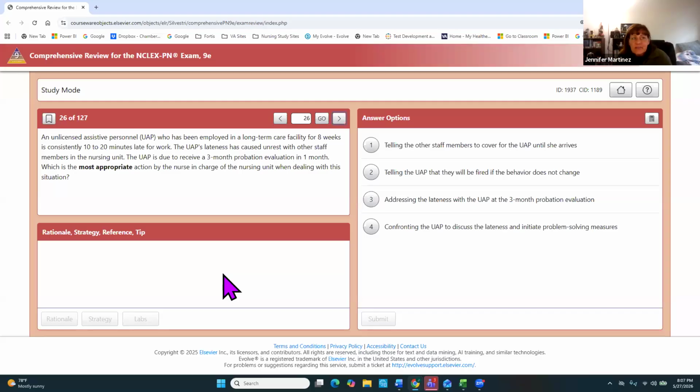So one, telling the other staff members to cover for the UAP until she arrives. Two, telling the UAP that they will be fired if the behavior does not change. Three, addressing the lateness with the UAP at the 3-month probation evaluation. Or four, confronting the UAP to discuss the lateness and initiate problem-solving measures.